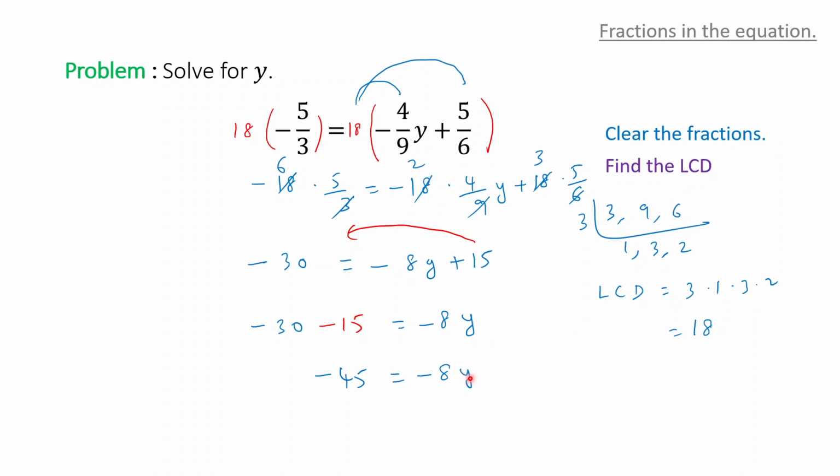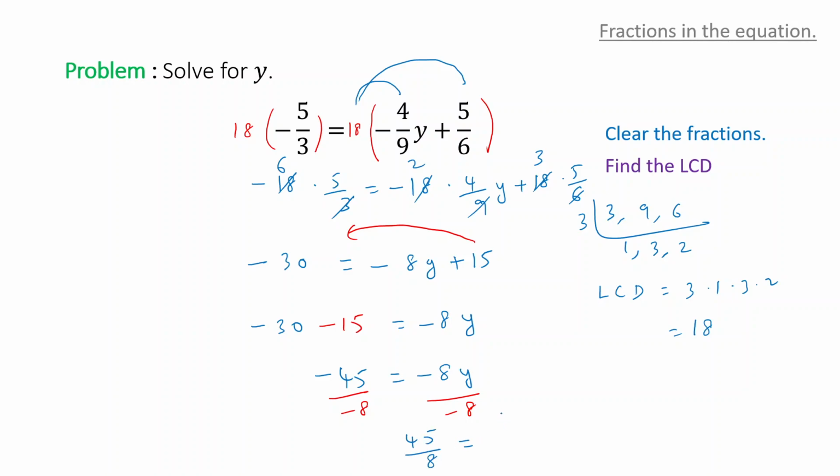Now you need y. Divide this out by negative 8. You are dividing a negative number by a negative number, you will get a positive number. So 45 divided by 8.